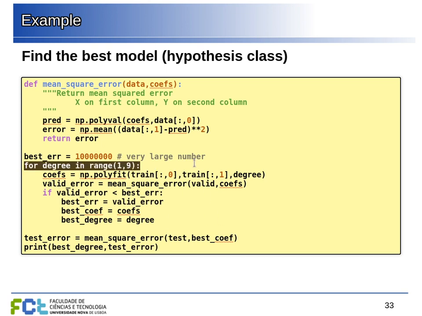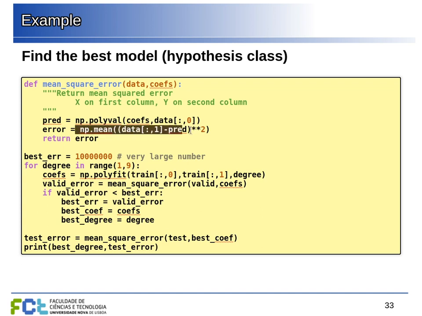So basically, we are looping through different degrees of the polynomial. We are going to fit the polynomial using our training data. So this is the x, the first column, and the y is the second column. And we are going to fit the polynomial with the degree specified. And then we're going to compute the error on the validation set. To compute the error, we simply compute the predictions of our polynomial for the x values in the validation set, and then compute the mean of the quadratic differences, of the square of the differences between the prediction and the data.